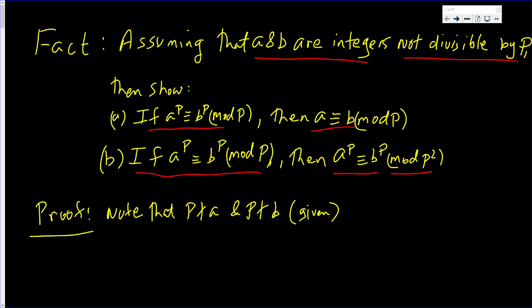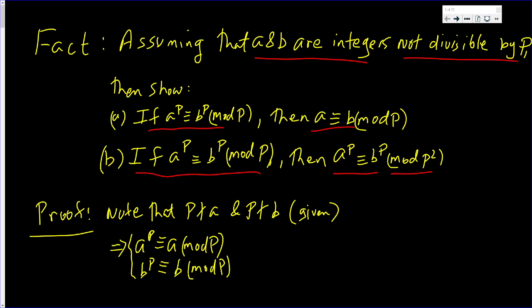Now by Fermat's little theorem, that implies that a to the p is congruent to a mod p, and b to the p is also congruent to b modulo p.